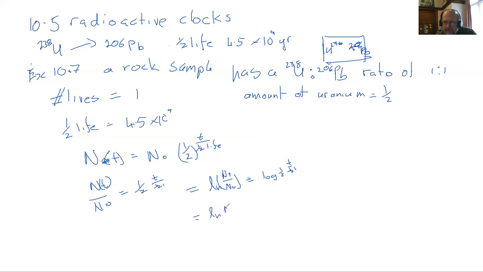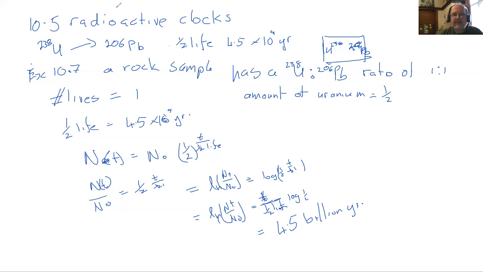Log of N over N0 equals, remember the exponent rule? Because it's a power, we can go t over half-life times log half. And if you really want to, you stick all of that through your calculator, and it equals 4.5 billion years. Or you could just go 1 half-life equals 4.5 billion years. Both ways work.